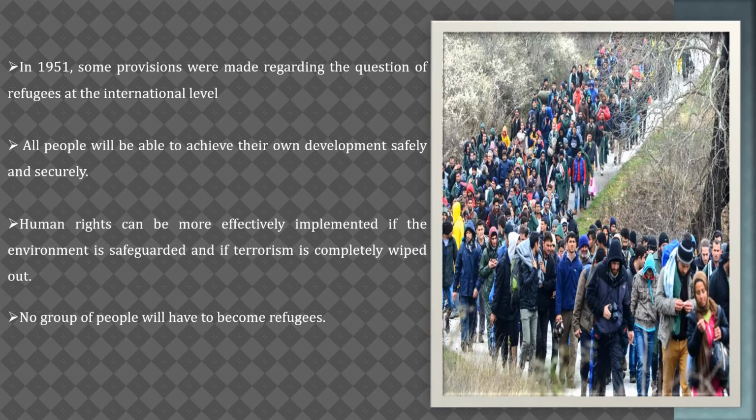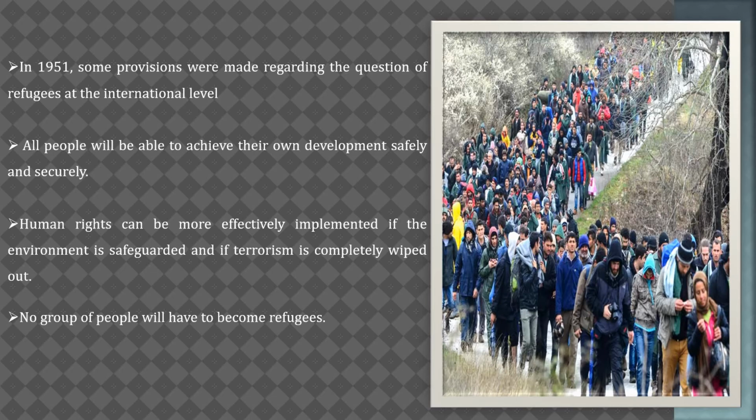If all nations safeguarded and fostered human rights, exploitation and violence would reduce. All people will be able to achieve their own development safely and securely. Human rights can be more effectively implemented if the environment is safeguarded and if terrorism is completely wiped out.